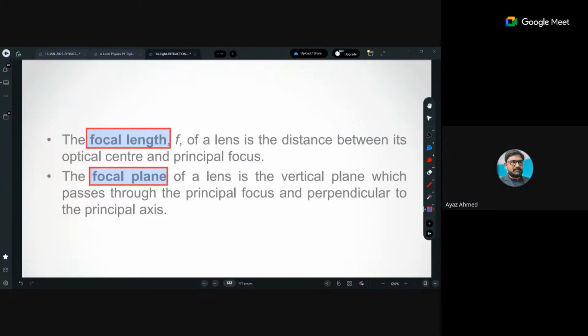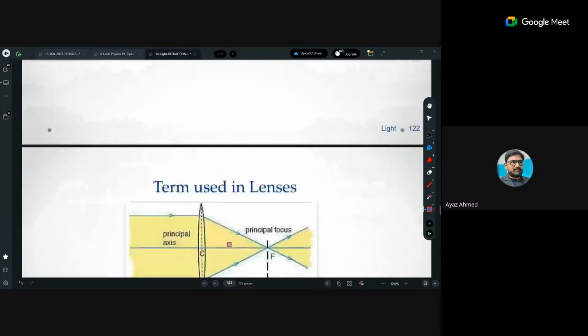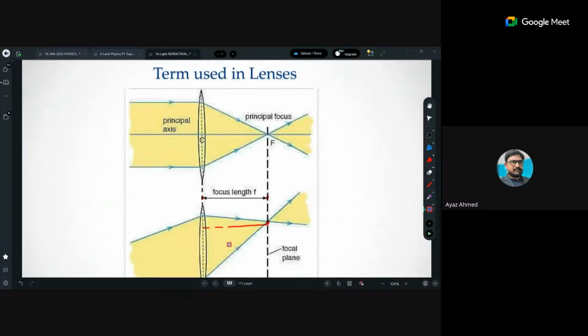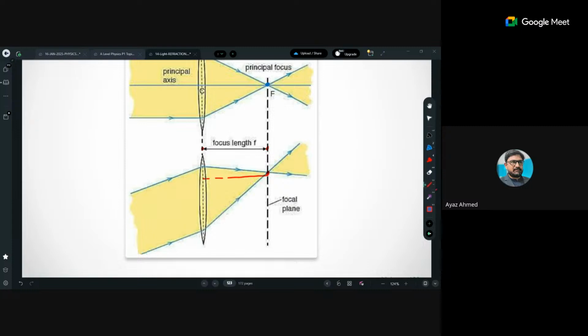Then there is one more term which I prefer to recall. That is focal plane. Actually, it is not mandatory all the time that light is converged at the principal focus. It can be converged above and below the principal axis. This is the principal axis, passing through the optical center, and it is perpendicular to the lens.